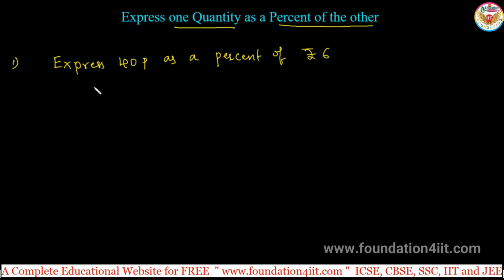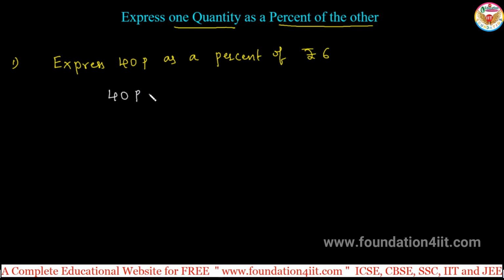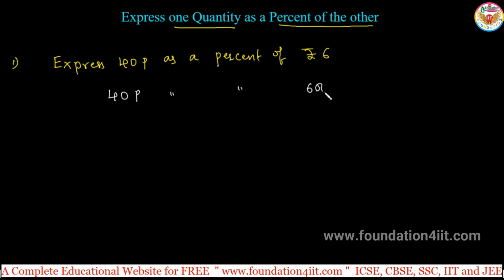So in this, as per the previous method, first you make it a fraction, then fraction to percentage. Now 40 paisa as the percentage of rupees 6, which should also be in the same unit. So 600 paisa. That means 40 paisa as the percentage of 600 paisa.